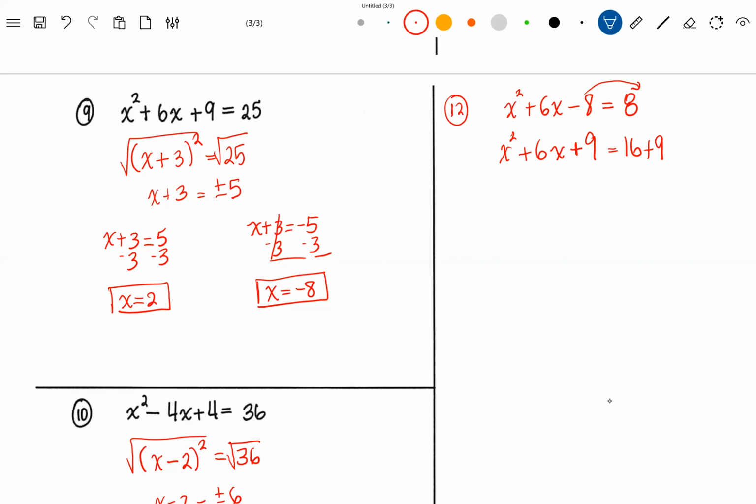So now I have this perfect square trinomial, which is (x + 3) squared. 16 plus 9 is 25. And now it is exactly like number 9, square root both sides. Solve.